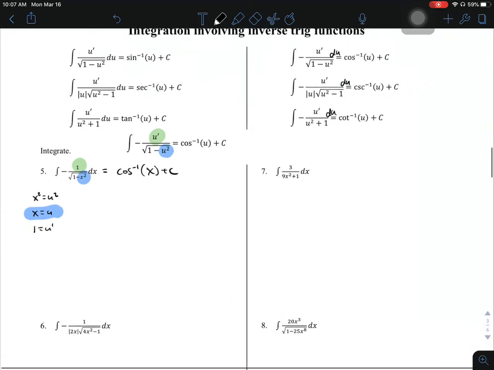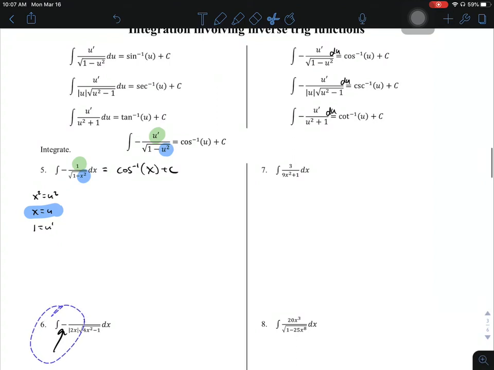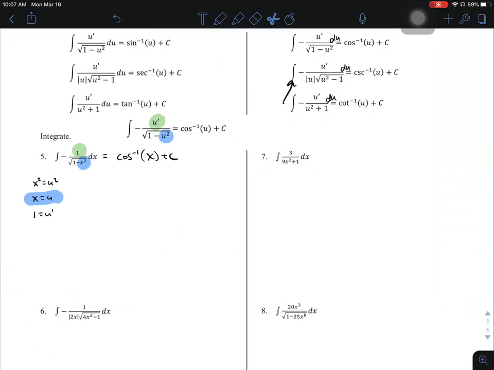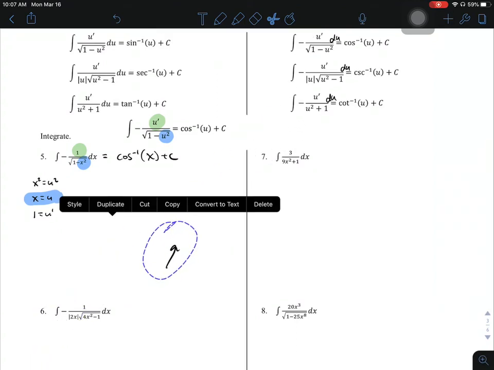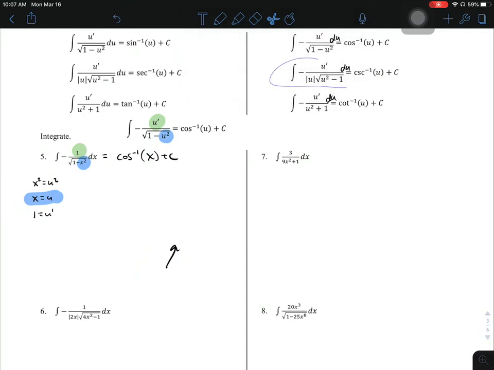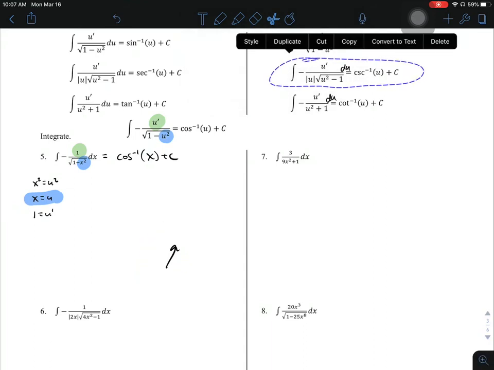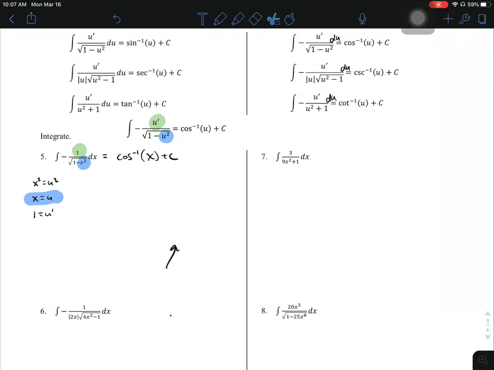The next one has absolute value in it and a negative sign. Negative and absolute value, well, that's got to be this one right here. So let me just copy this so we can see it. And let me show you how I would relate to this here.